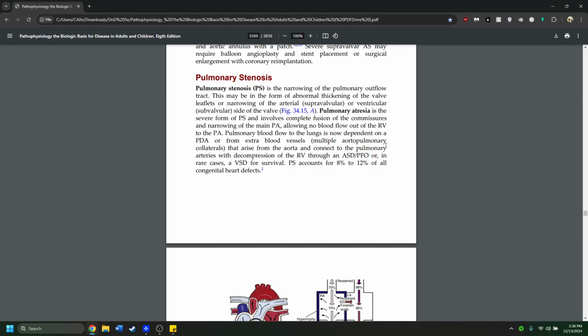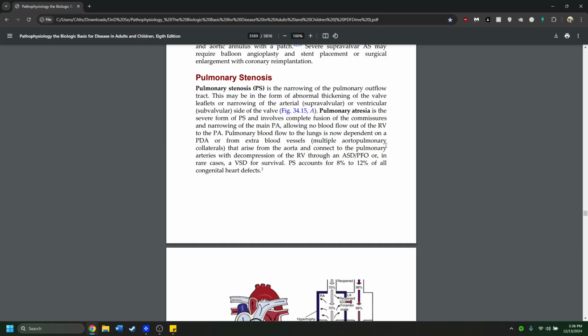Pulmonary atresia is the severe form of pulmonary stenosis and involves complete fusion of the commissures and narrowing of the main pulmonary artery, allowing no blood flow out of the right ventricle to the pulmonary artery.